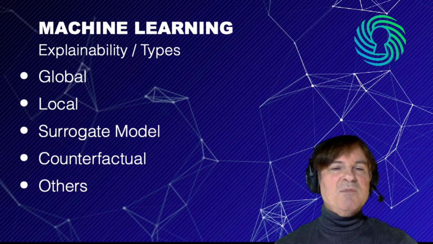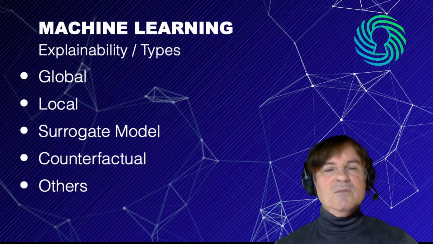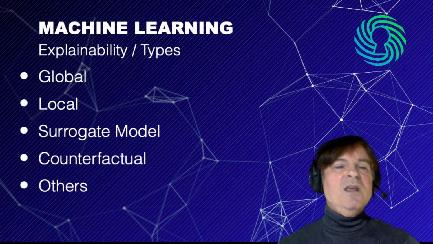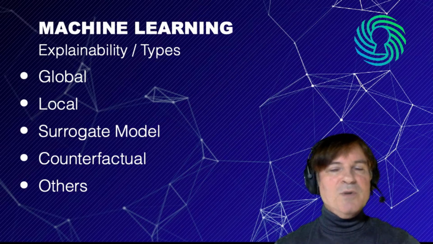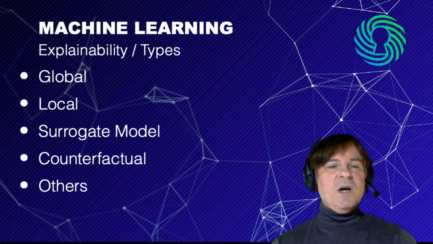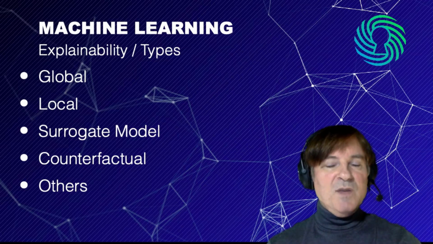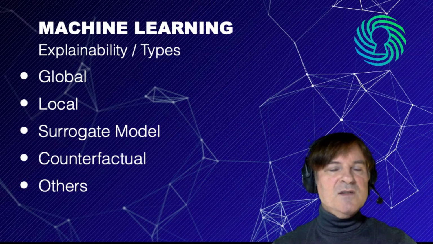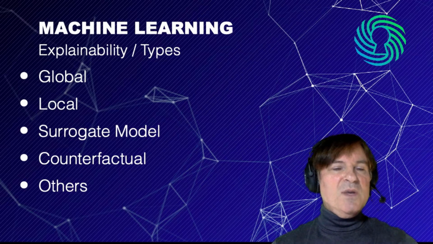At what level do they play a role? Maybe income plays more of a role than years of education. That's what these global approaches will do. There's one called Shapley values, named after the mathematician who came up with the approach. We will go into that at the end of this video, but that's really the goal here, to understand the model at that level.